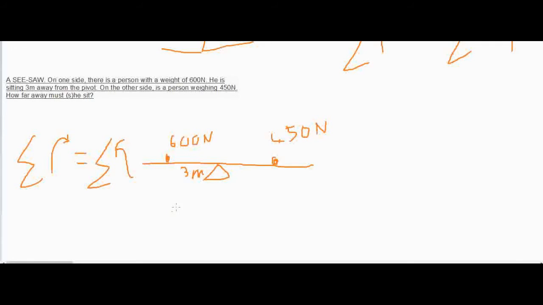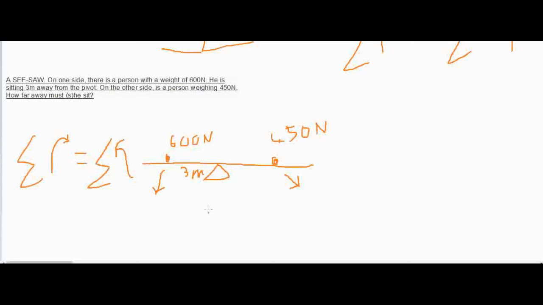So we'll take person A over here as the anti-clockwise moment. This person is going to be dragging the seesaw down, going this way. We'll take that as the anti-clockwise moment, and this person is going to be the clockwise moment, dragging the seesaw this way.